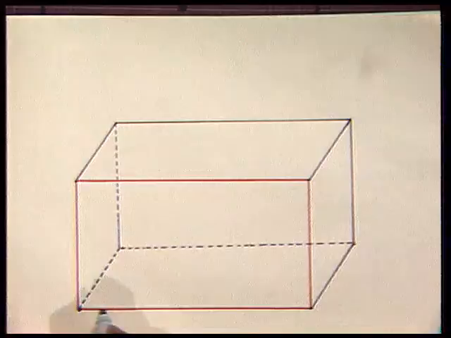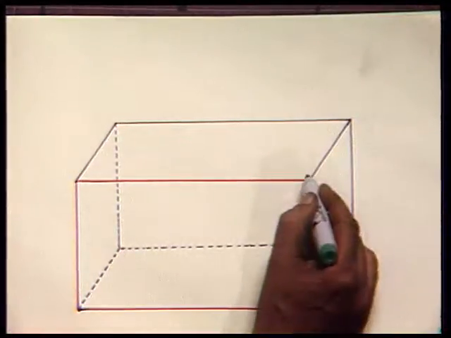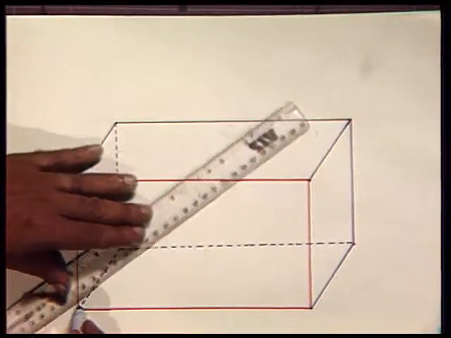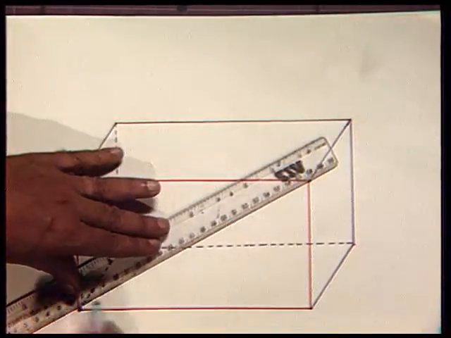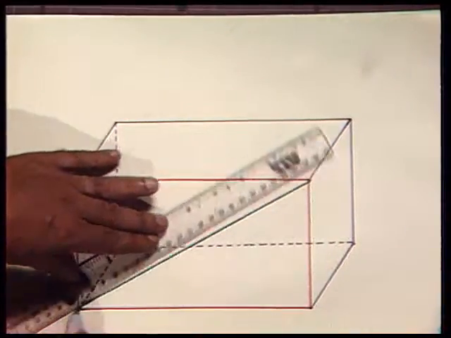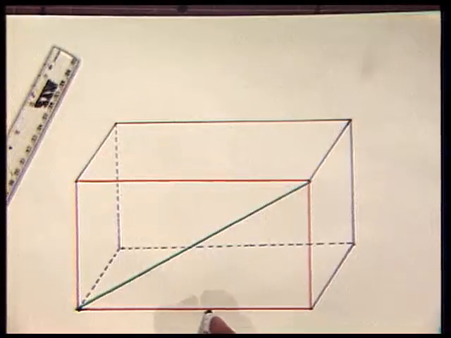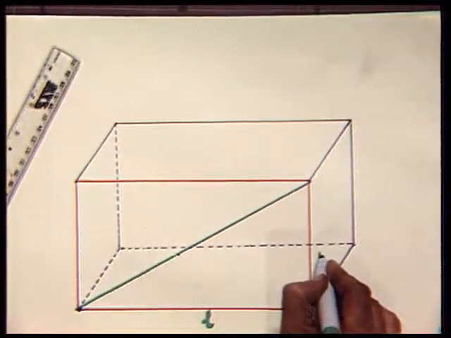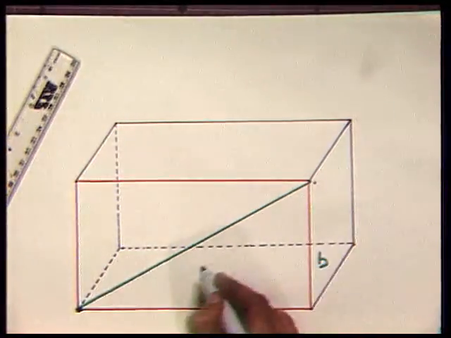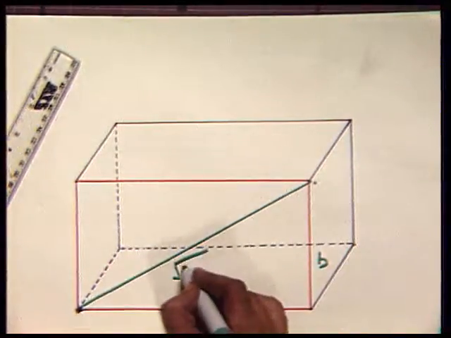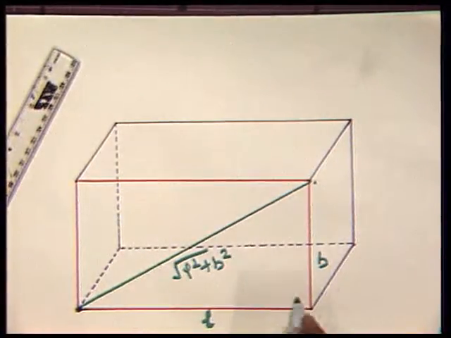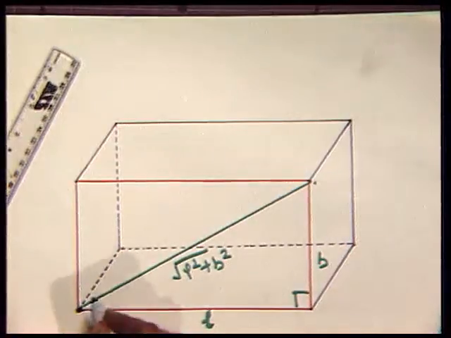In this one, here is the length and this is the breadth. First we find this diagonal, this is length of this and this is breadth. So, this length right from here till here will be under root L square plus B square, because here this triangle is a right triangle.